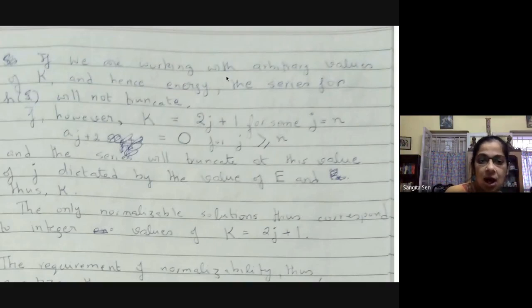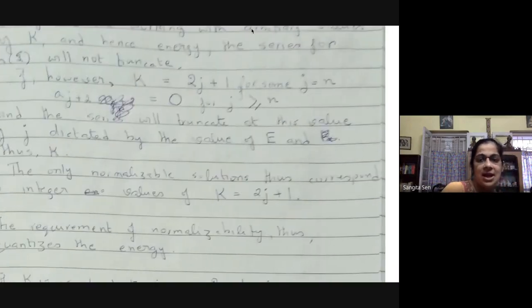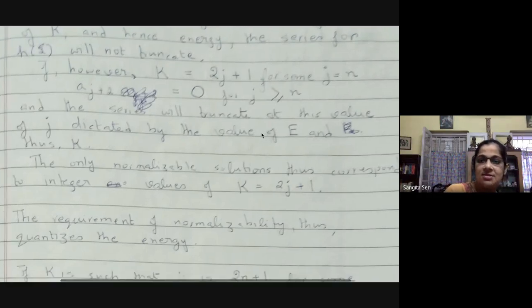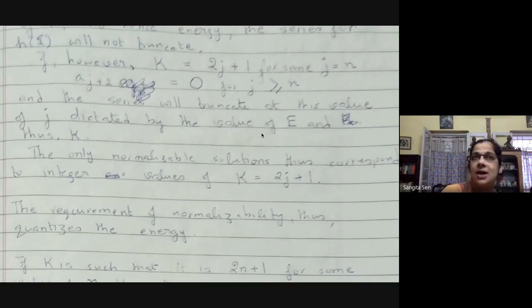However, if K is 2J plus 1 for some finite value of J, let's say we call that N, then A, J plus 2 will be 0 for all J's greater or equal to N. And then the series will truncate at this value. And once you have a truncating series, there is no problem with things blowing up with increasing xi, with increasing values of J, sorry.